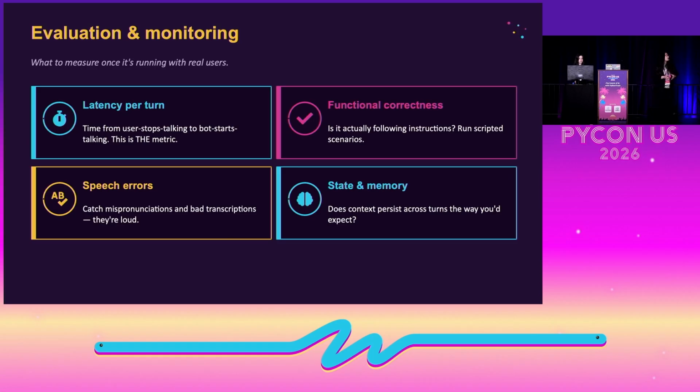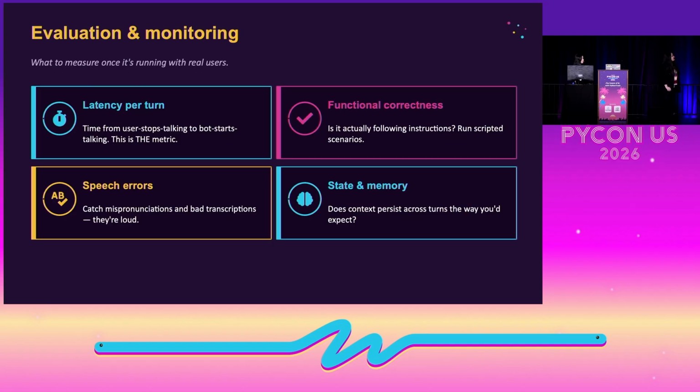Also, the evaluation and monitoring is key. You need to know what is happening per turn, so you need to monitor the latency per turn. Then you have the functional correctness. You need to know if it is following the instructions or if it is hallucinating, if it is doing the thing that you want or not, right?